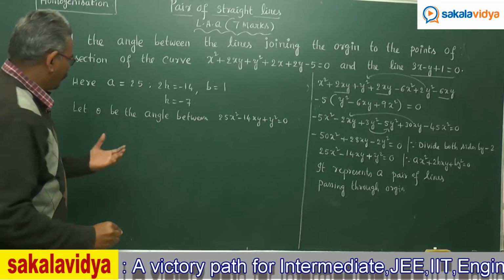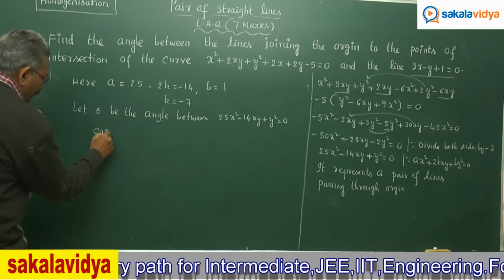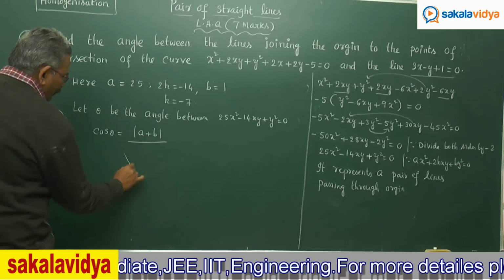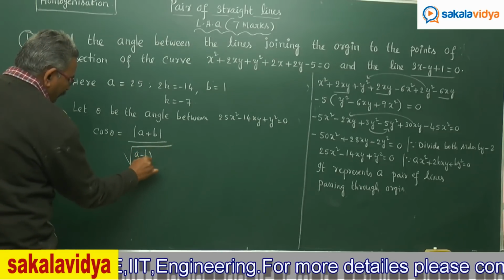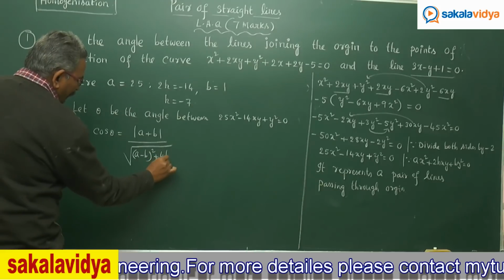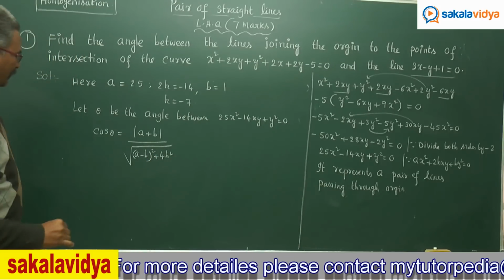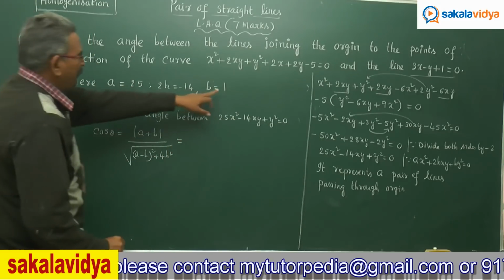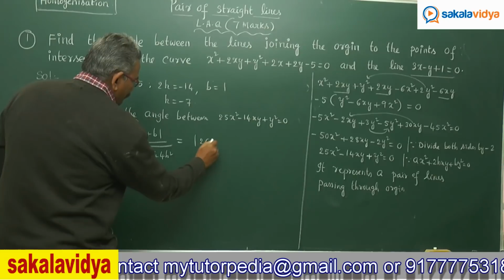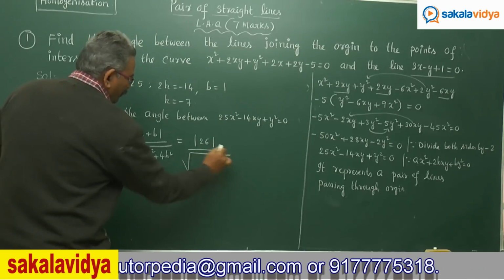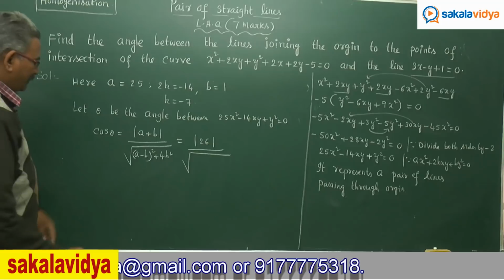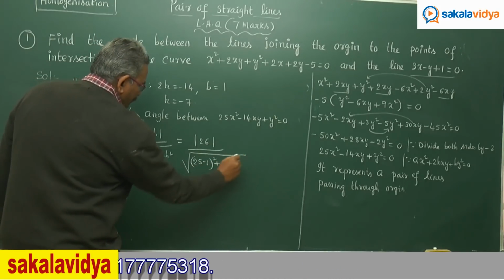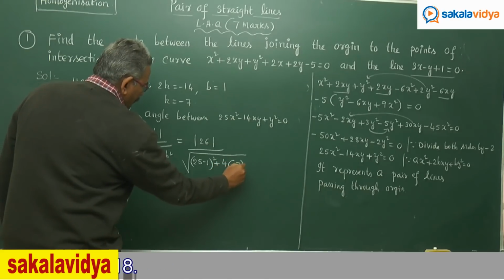So now let us recall the cos theta formula. Cos theta is equal to mod of a plus b by root over a minus b whole square plus 4h square. So let us substitute this. A means 25, b means 1, mod of 26 upon root over a minus b, 25 minus 1 whole square, plus 4 into h square, that is minus 7 square.